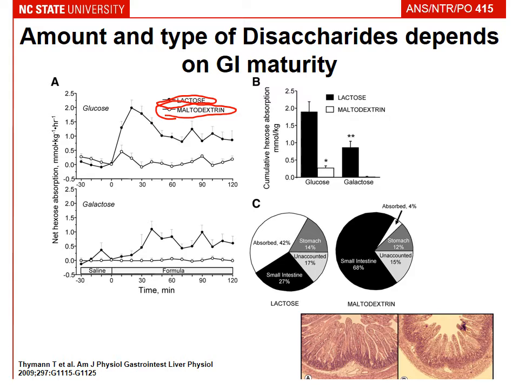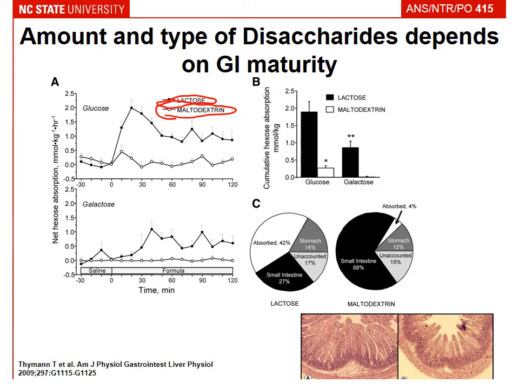And you can see with the lactose, we had much more of it absorbed than those with the maltodextrin. Now, also interesting, if you were to look at the health of the GI tract. So here we have in A, in this picture, these are the piglets that were provided the lactose diet, and we have really nice, pretty, long villi, very healthy, a lot of surface area.